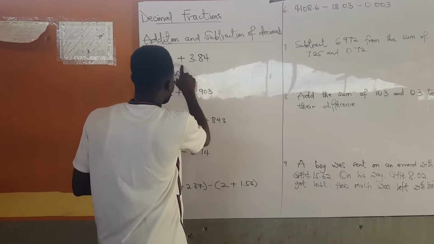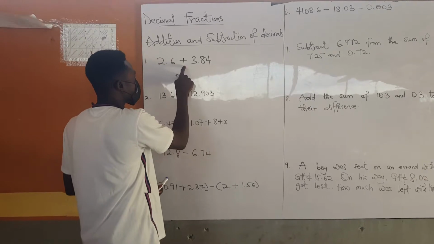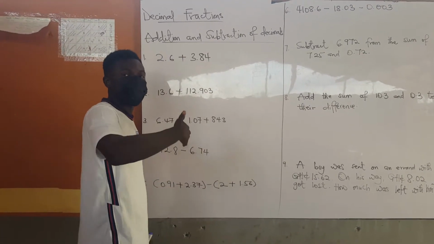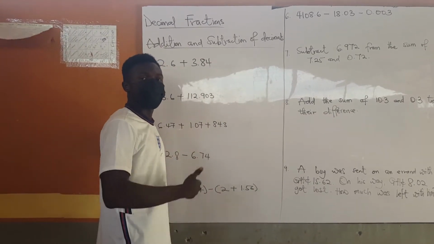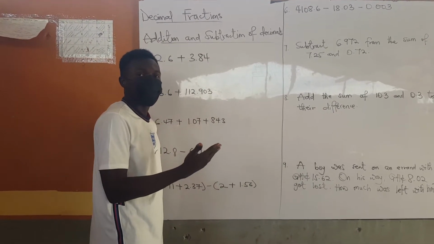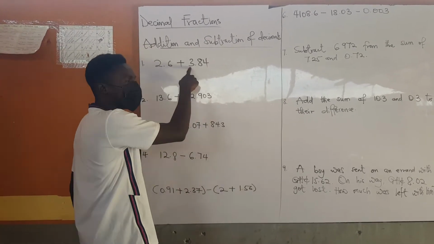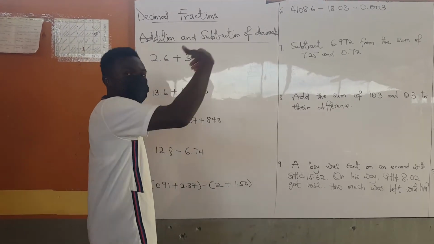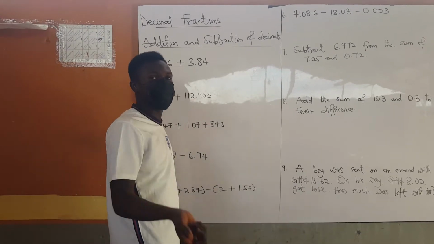So if I'm to add a number like 2.6 plus 3.84, we have to arrange the numbers according to their place value system. And we know what the place values are. For the whole numbers, the place values are ones, tens, and in that order. And for the decimals, we have tenths, that is a 10 with a TH.